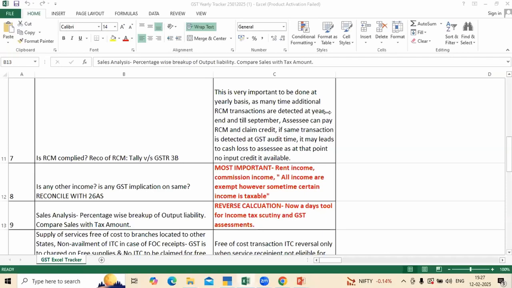And in case it is not done in March, do it till the month of September so that you can give the effect of any changes by September. So it is basically for the compliance for the year ending 24-25. Next question: is RCM also to be paid by the service receiver in case of transport service if the same is discharged by the transporter? No, if the transport company has discharged it, you don't need to pay.